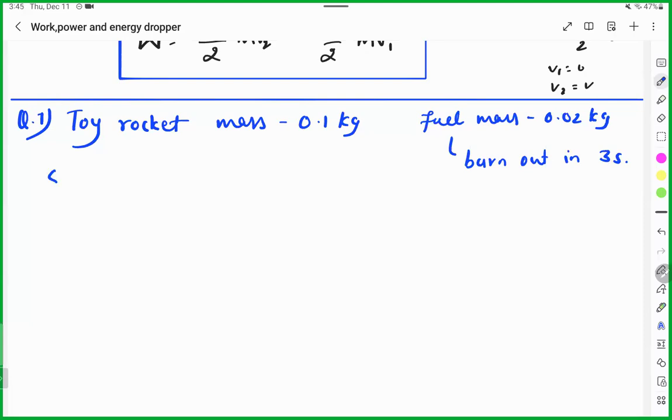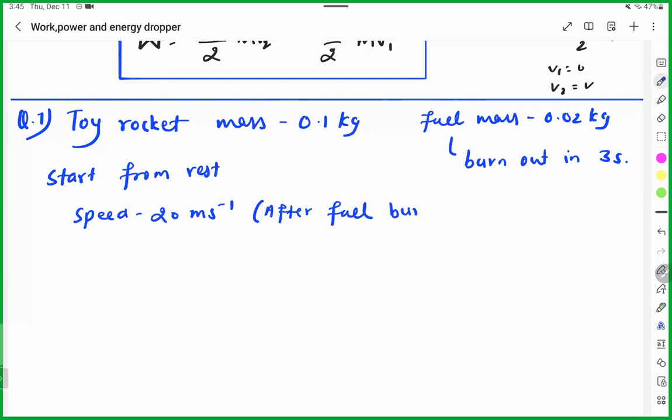Starting from rest on a horizontal smooth track, it gets a speed of 20 meter per second after the fuel is burned out. What is the approximate thrust of the rocket?